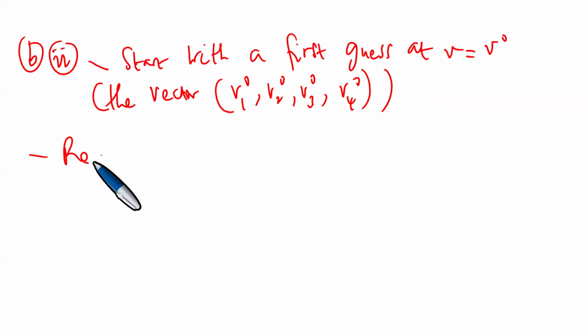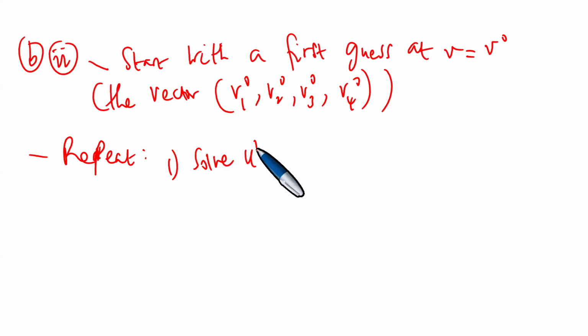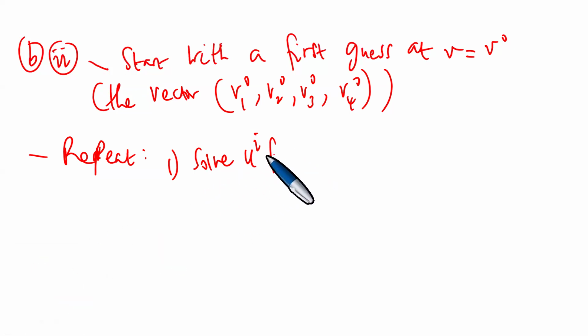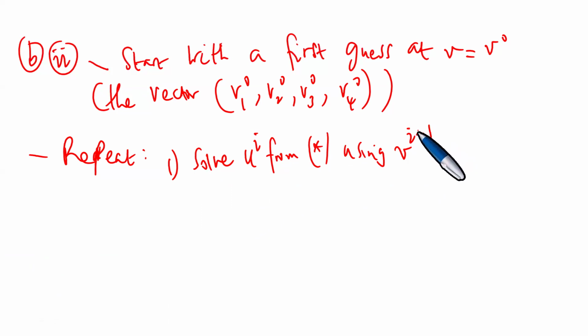And then next, as part of our explanation, you need to repeat. What do we repeat now? We repeat like step 1. You need to solve UI from star, using VI minus 1 on the right-hand side.